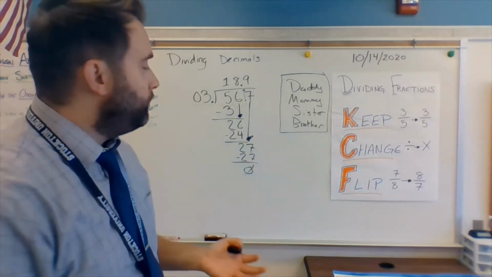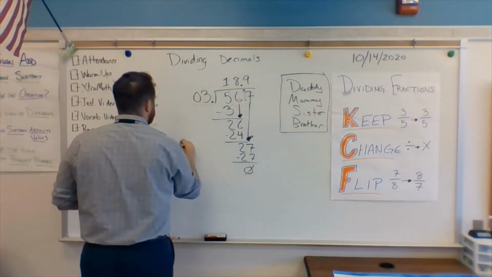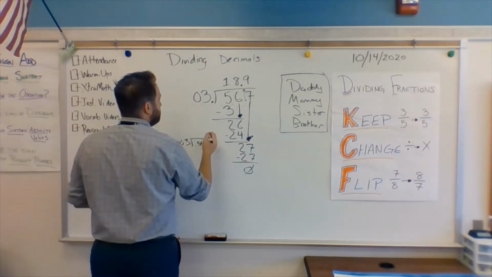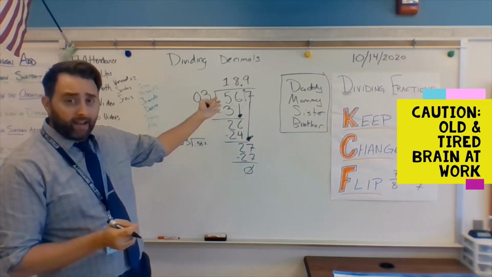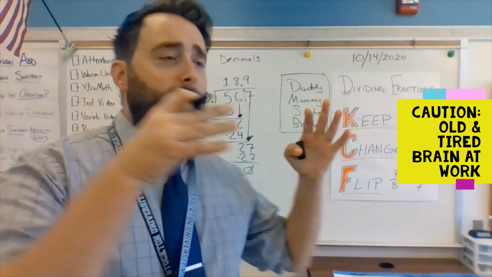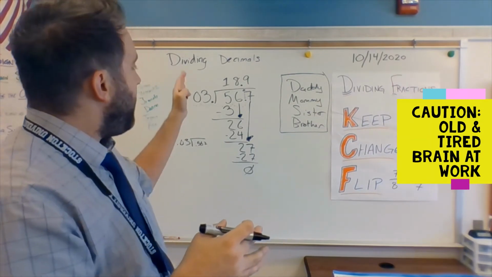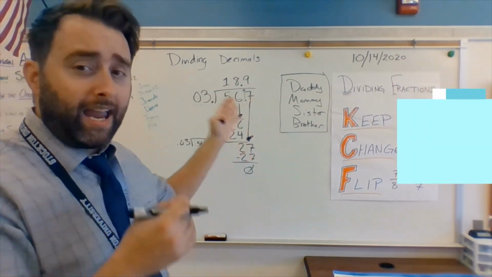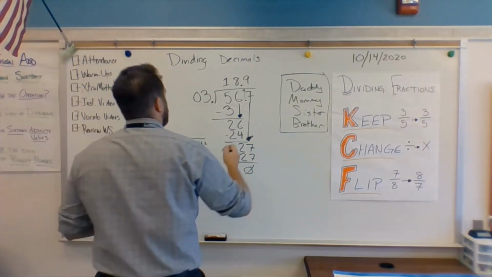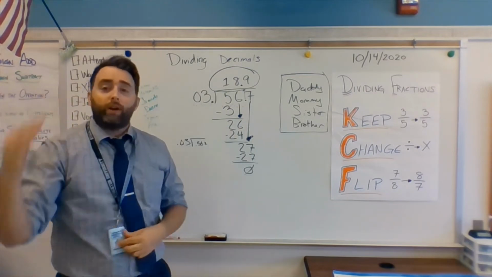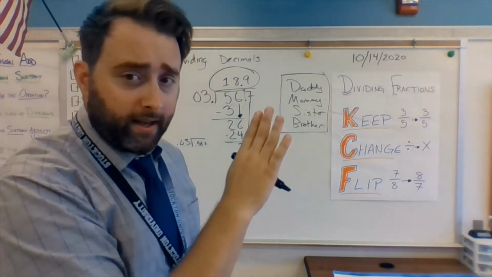So the answer to the original problem, 0.567 divided by 0.03, is 18.9. You may get a little confused by what your final answer is going to be, but this is your answer to the original problem, even though we've moved around the decimal.